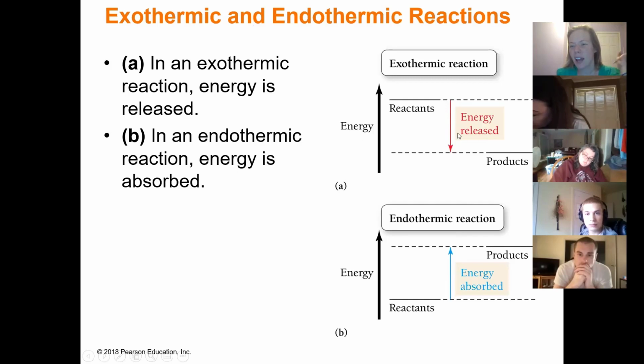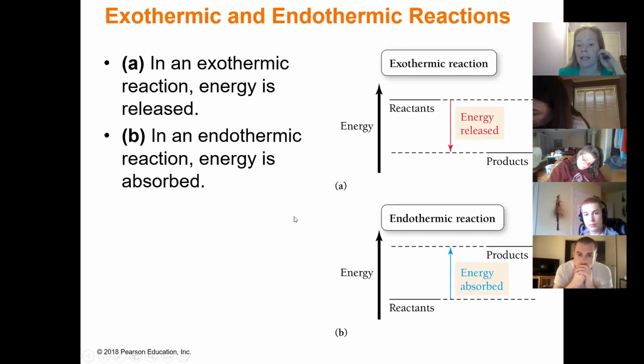If everything was an exothermic reaction, if everything was high energy in the beginning and released energy to become low energy, then nothing would have energy in it, right? So there has to be an equal and opposite thing to the exothermic reaction, and that is the endothermic reaction. There you have reactants that are low energy, but when they come together, they absorb energy from the surrounding environment to create products that have a lot of stored potential energy.